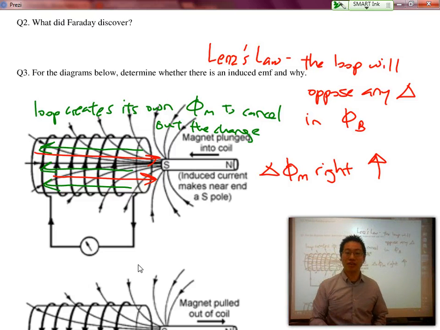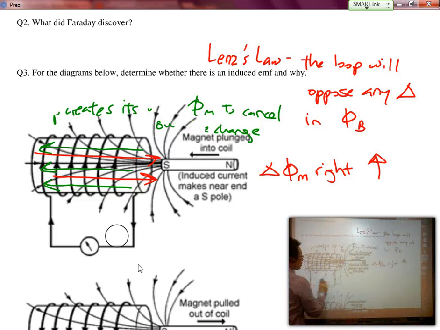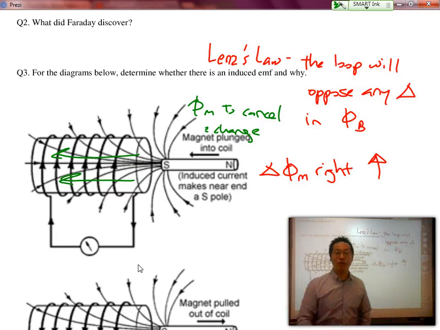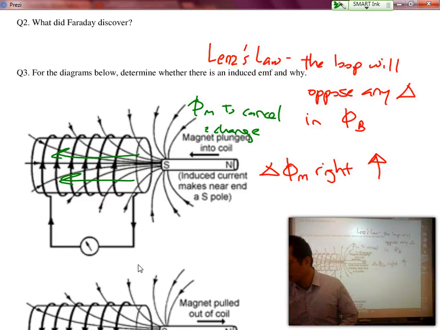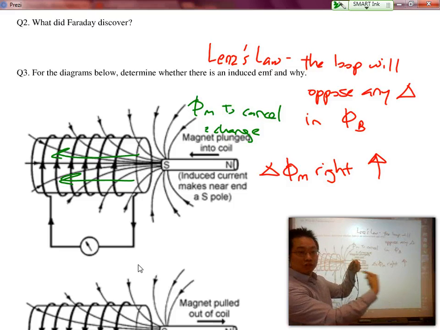So in this case, the loop is creating its own magnetic flux to cancel out the change. The flux inside created by the loop goes left. Now if I use my hand rule, if I take a wire over here, we know that in this coil of wire, the magnetic field is going left.